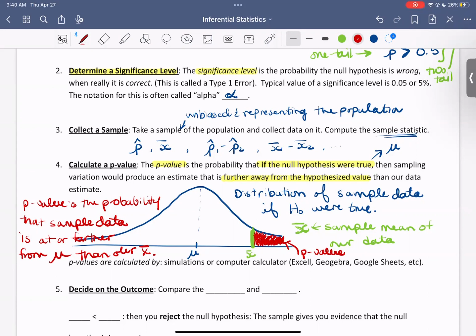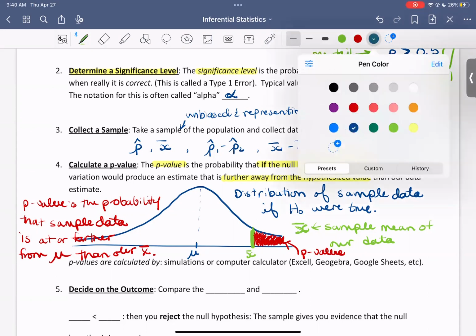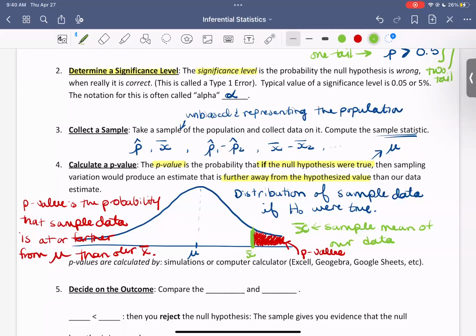And then we can also visualize where we see alpha on such a distribution. So alpha, that significance level, gives us a level for what type of probability we're willing to accept in our p-value. So suppose alpha is here. We want to accept that we're only this amount of the time likely to make one of those type 1 errors.